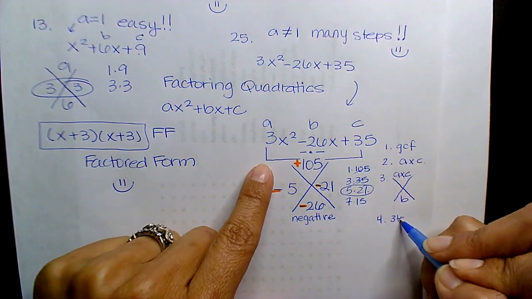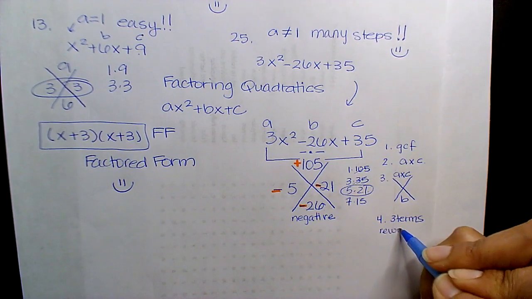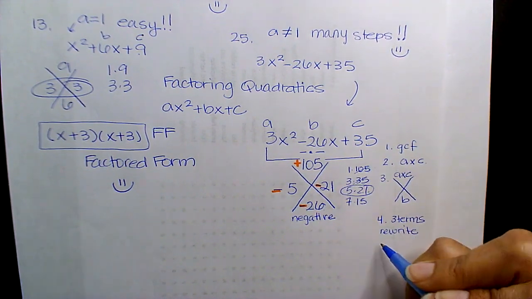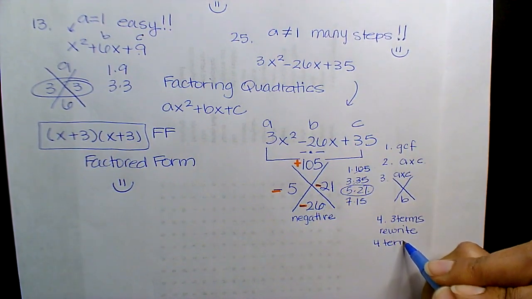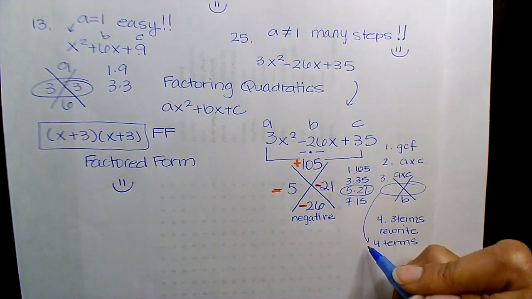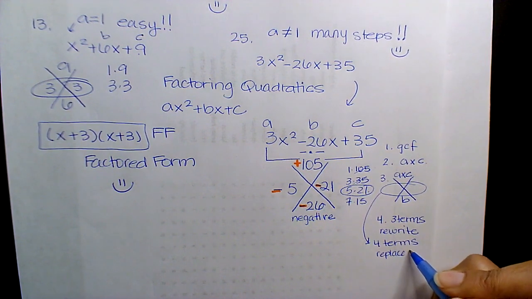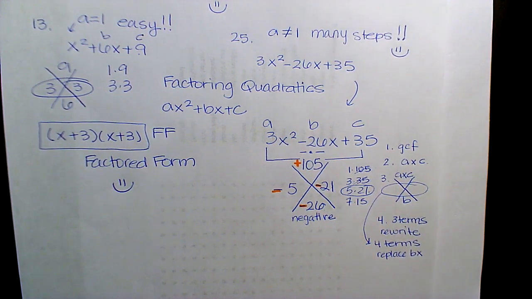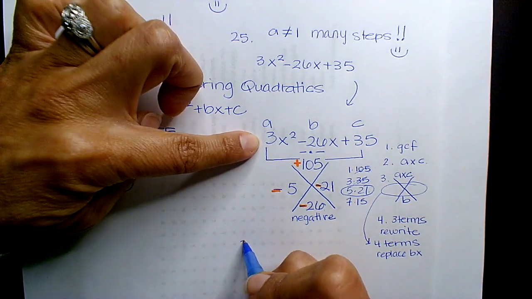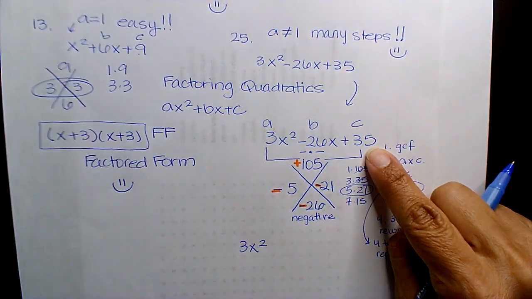you guys have 3 terms. 1, 2, 3. You're going to rewrite the quadratic as 4 terms, and you're going to use these two numbers to write the 4 terms. They're going to replace the bx term. Okay, so what does that mean? 3x squared, I'm going to write the first term. I'm going to write the last term.